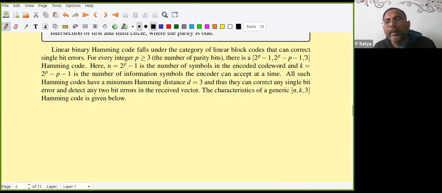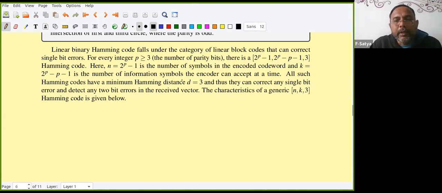These are the parameters for this code. I'm telling one particular code with parameters so we can construct it easily. That is the goal now. Here n is the number of symbols in the encoded code word. With this, the Hamming code distance becomes 3. This is a very nice code.